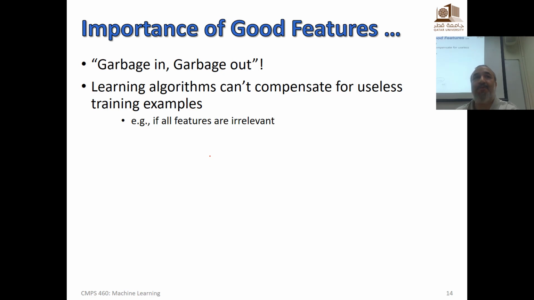Will we be able to get a good classifier or a good model in general? Of course not, right? That's what we mean by garbage in, garbage out. If the features are garbage, then of course we cannot expect the model to just train magically to be a good model. If the input is bad, then the output will be bad.